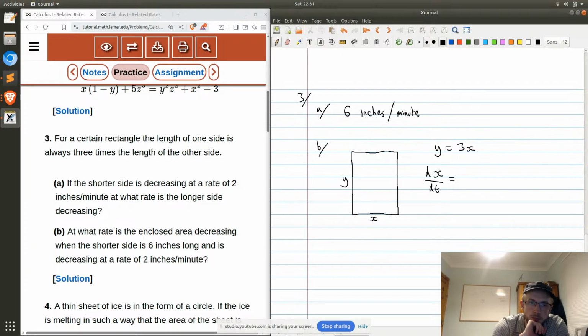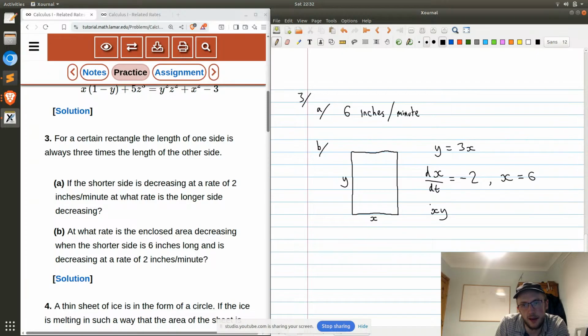Now, dx by dt, we're told, is -2. And we're given the initial condition that x is 6. And we are asked, what are we being asked?